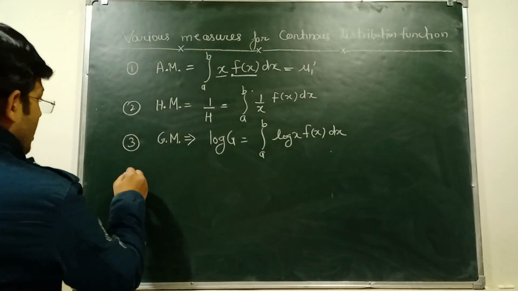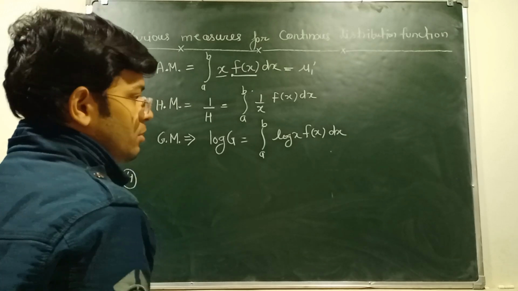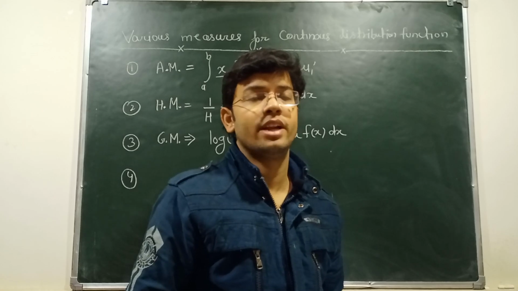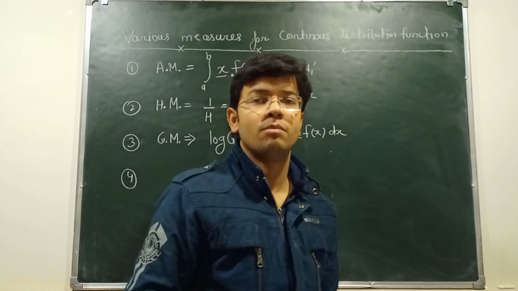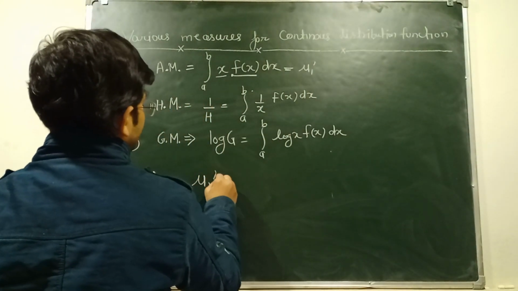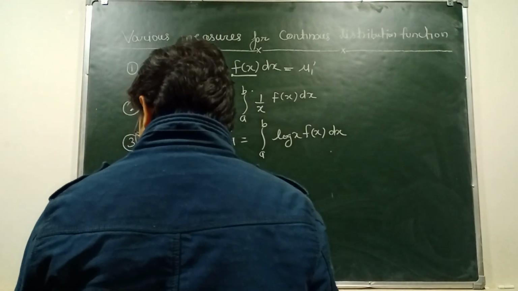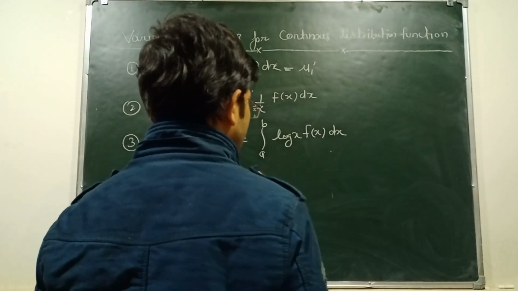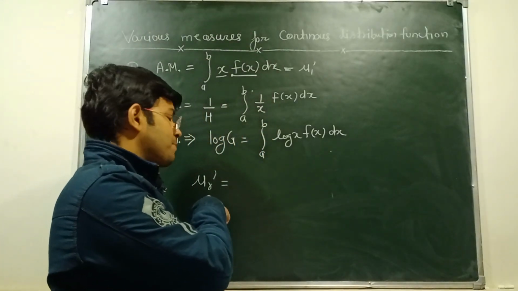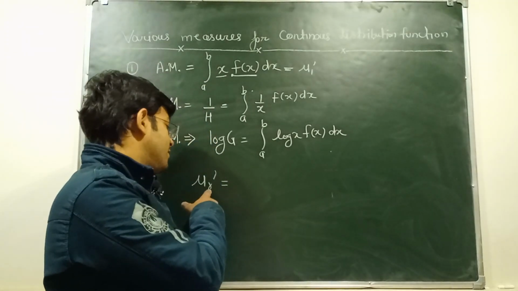Now the fourth formula: suppose that we want to find the values of different moments. The common formula of the moments is mu r dash, which is the common formula for our moments. We can simply put values in the place of r.